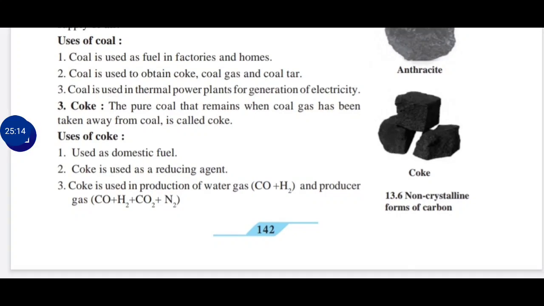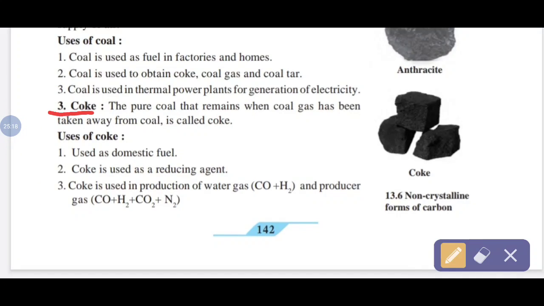The last, third one is coke. This is the third non-crystalline allotrope of carbon, also called the amorphous form: coal, charcoal, and the third one is coke. So what is coke? Define coke. The definition is given here.